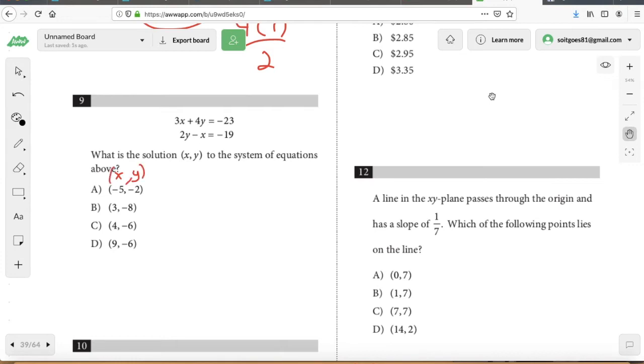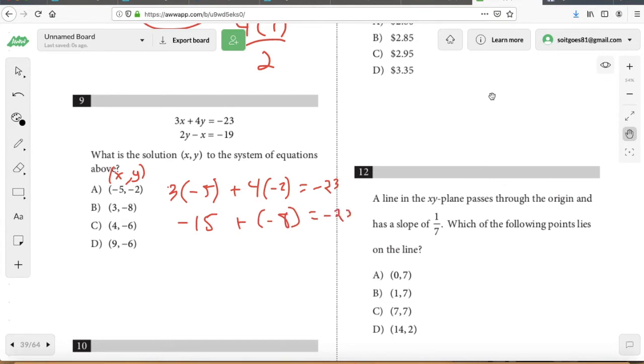So I'm going to test the answer choice. I'm going to plug in -5 for x. I get 3 times -5, plus 4 times -2, and that gives me -23, apparently. I'm going to test this here. I get -15 plus -8. That's looking good. That does equal -23. So that's looking good. I got to test the bottom equation, though, now.